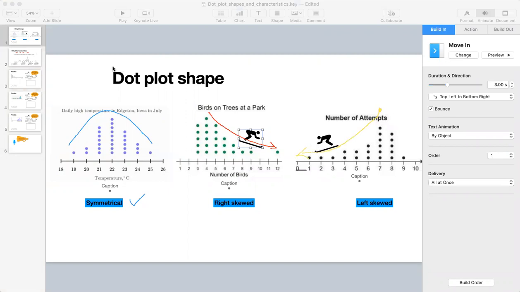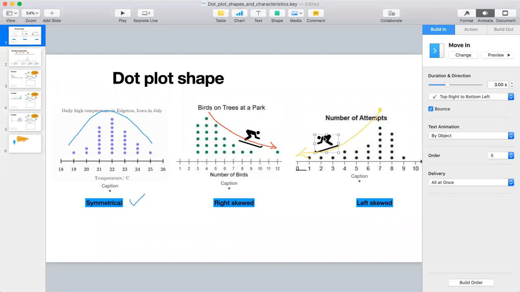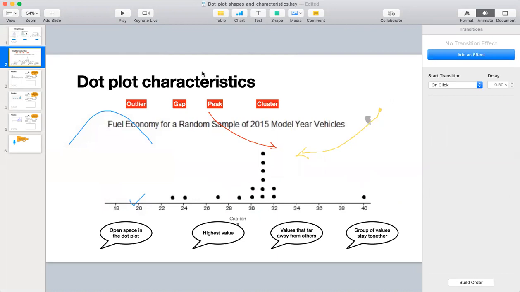And again, if you click on the human that I made and hit animate or review, you can see it skiing to the left. So it's called left skewed. If you forgot what symmetrical, right skewed, and left skewed look like, go back to this page and go from there.